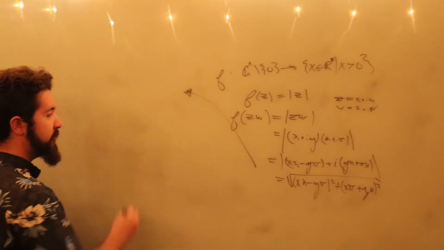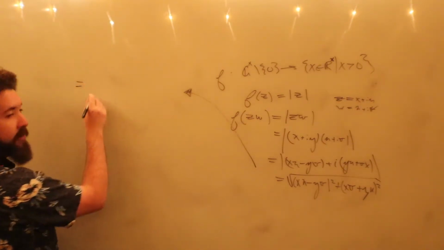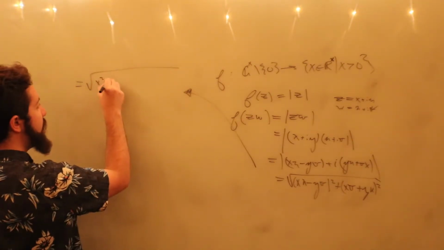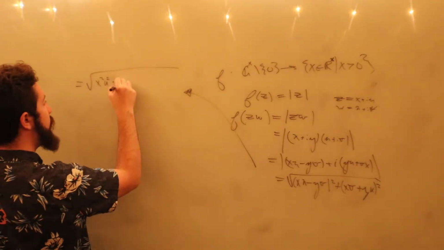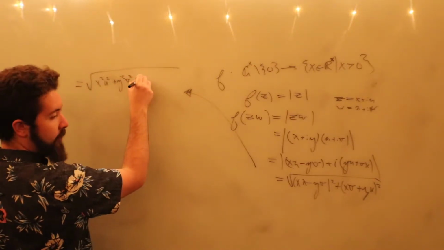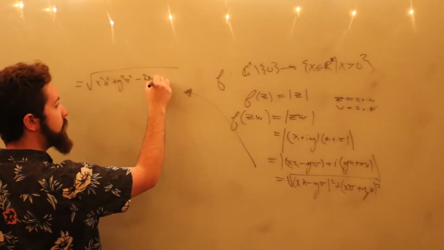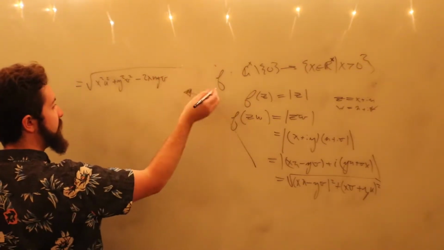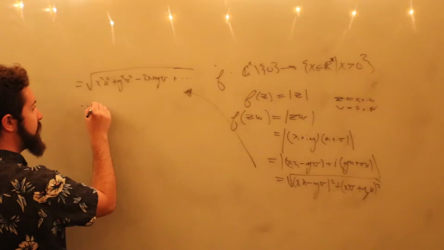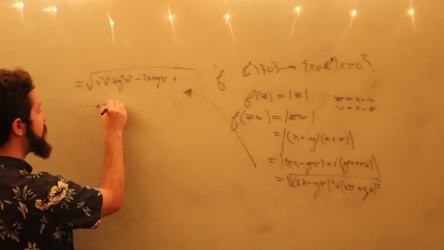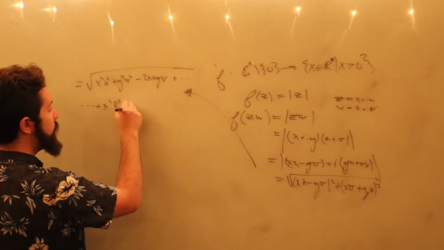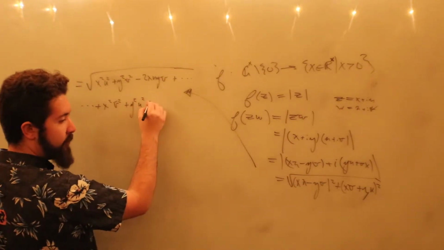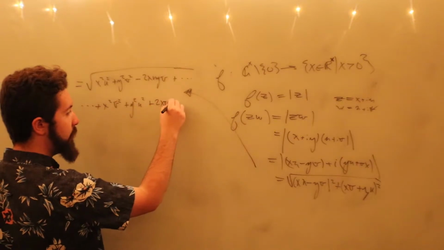Now if you square those two terms, we're going to get the square root of x squared u squared plus y squared v squared minus 2xu yv, plus dot dot dot, plus x squared v squared plus y squared u squared, plus 2xv yu.